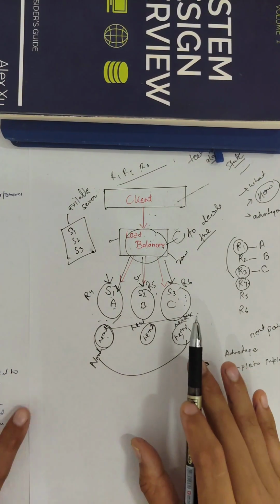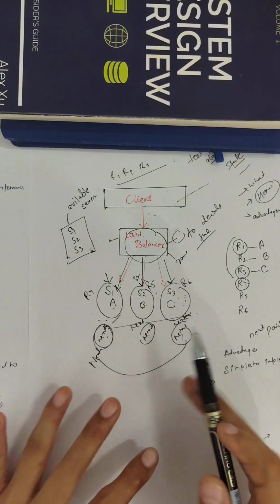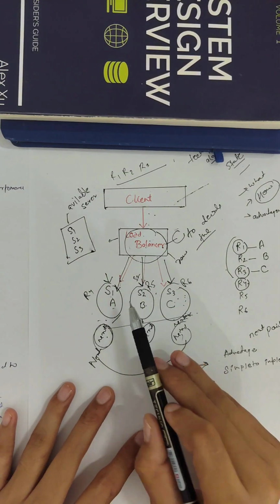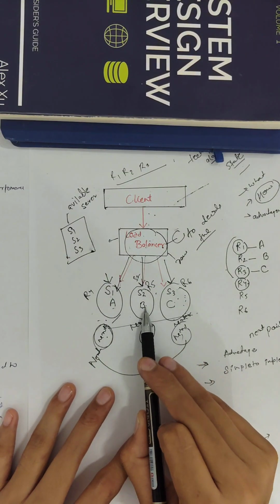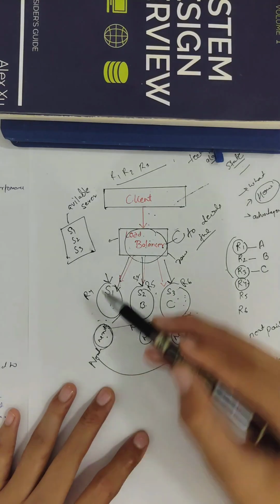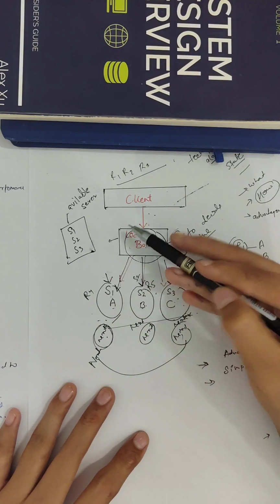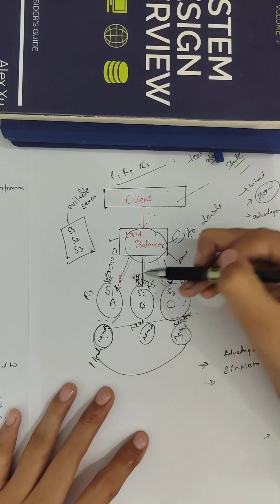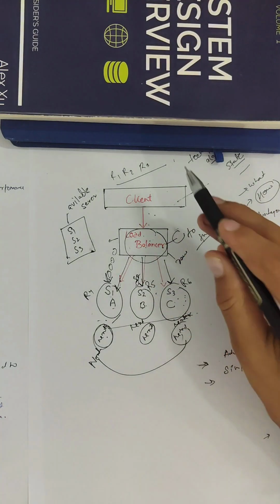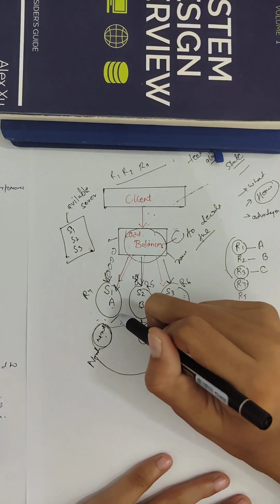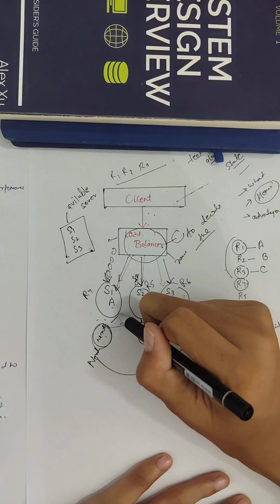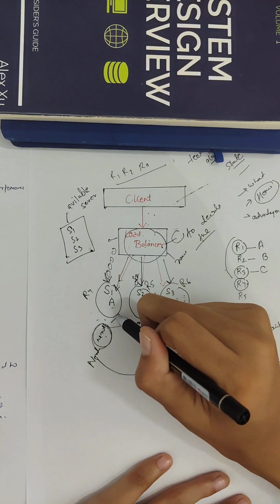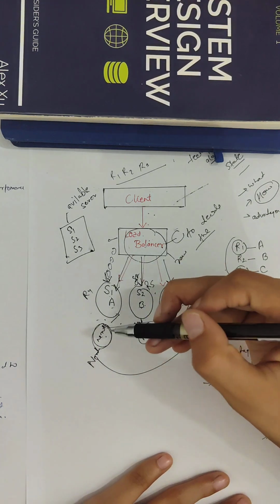So in that case, let's say server A has less computational power than server B, so it might happen that server A has lots of requests pending, and server B has only, let's say, 2 requests. If server A has less computational power, it might take some time to resolve the request.